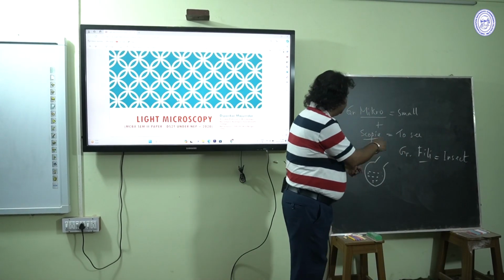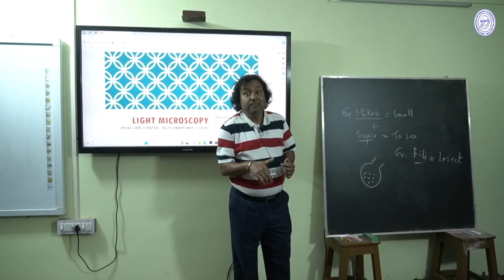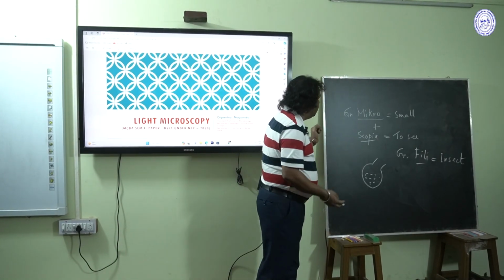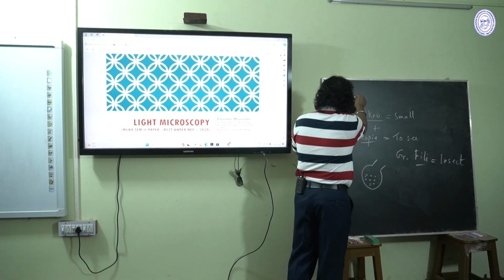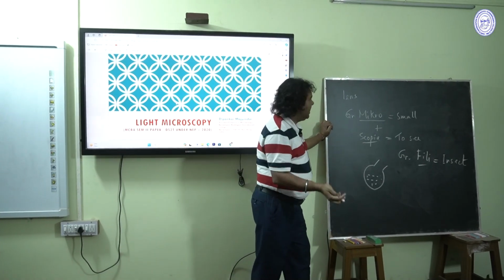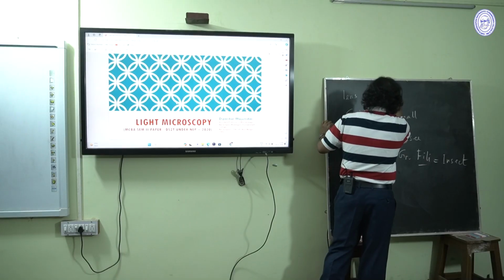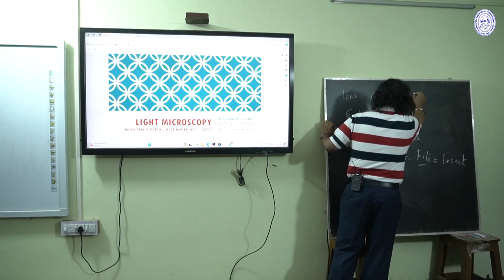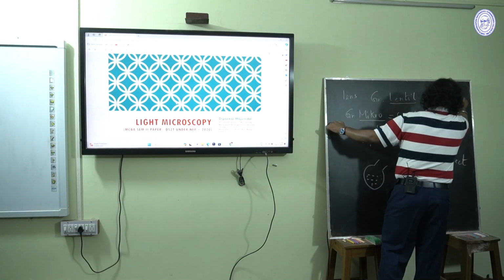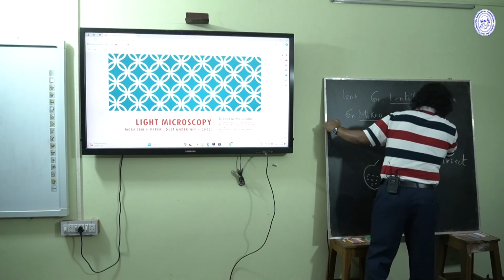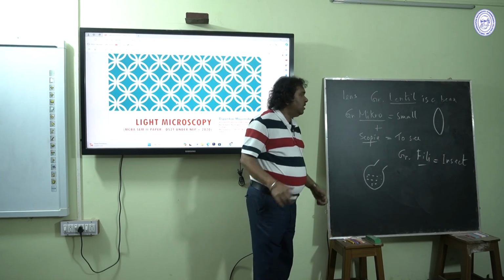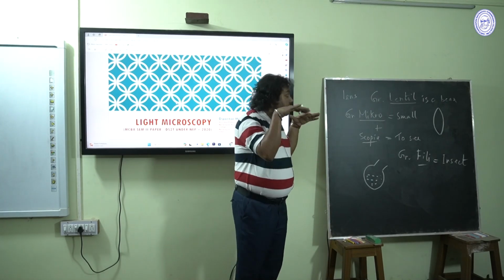So it was simply known as the Phili microscope. Another word that is very much used in microscopy is lens. This term lens is derived from the Greek word lentil. Lentil is a bean, and its shape is like that. So the word lens is derived from the lentil bean.